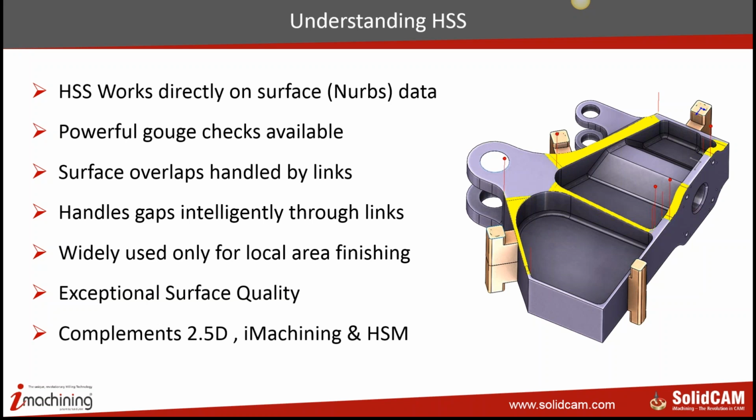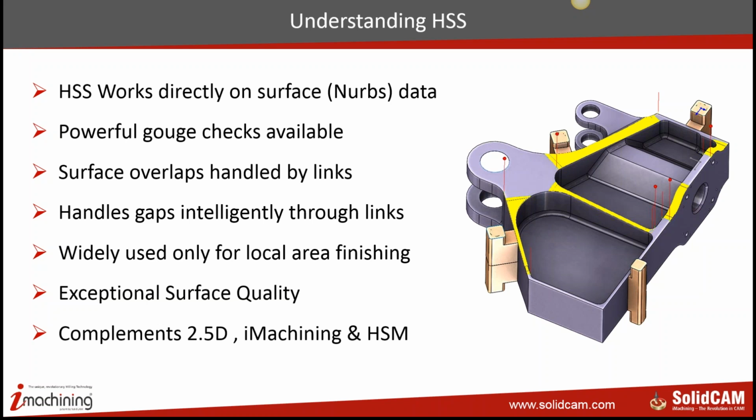Now, because it works directly on surfaces and not on triangulation, the issue of gouging comes up very quickly, because when you have a triangulated model, generally you'll see that the tool paths are gouge free because it's a simple check. If you're using a ball nose tool on a triangulated mesh, it's like checking the collision of a sphere against a simple triangle, which is a very simple equation, and things happen very quickly.